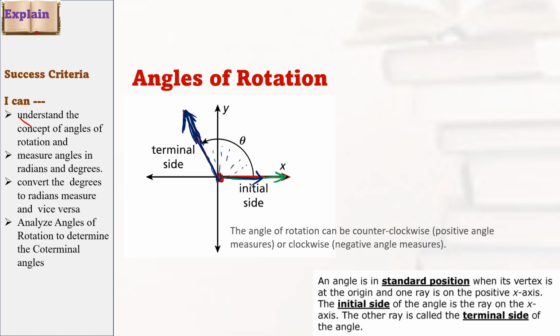You moved one of the rays in such a way that it moved in the anti-clockwise direction, and the angle which is formed is positive. Why positive? Remember that for angles, if you move in the anti-clockwise direction, the angle will be positive. And now this ray is said to be the terminal side of the angle.